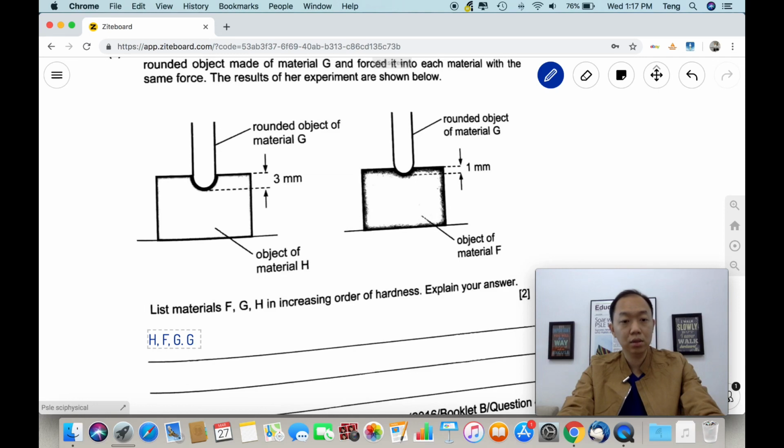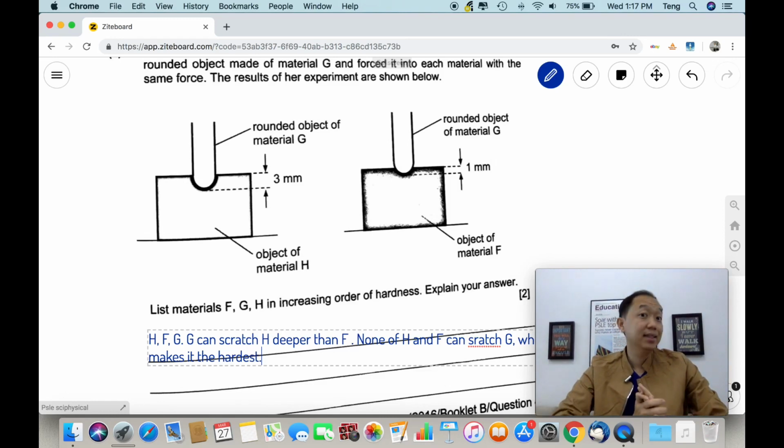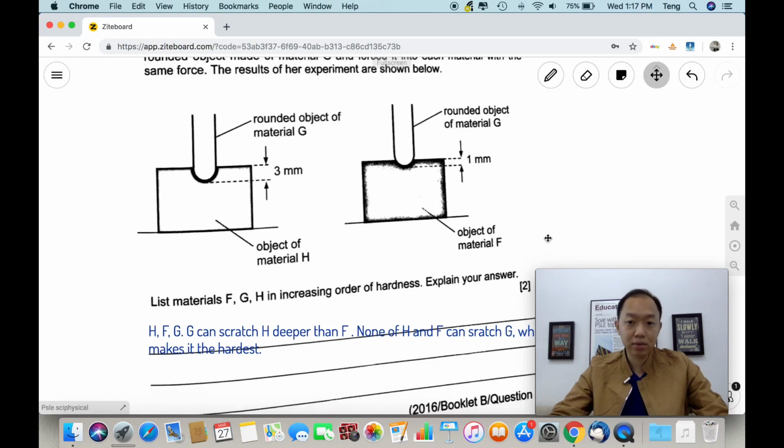Because G can scratch H deeper than F. None of H and F can scratch G, which makes it the hardest. That's it. Next. Alright, so you get 2 marks for that.